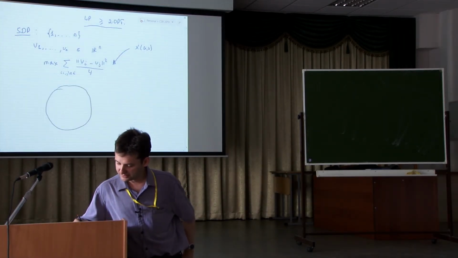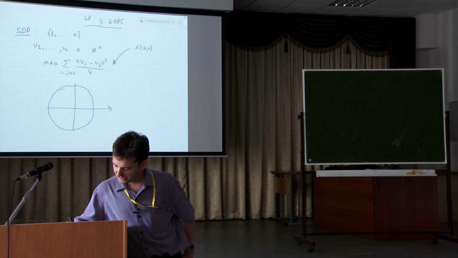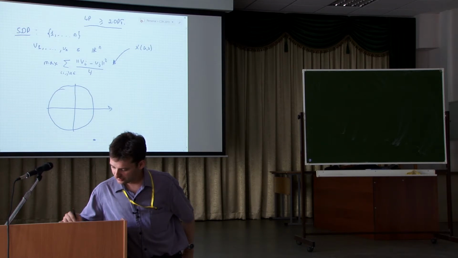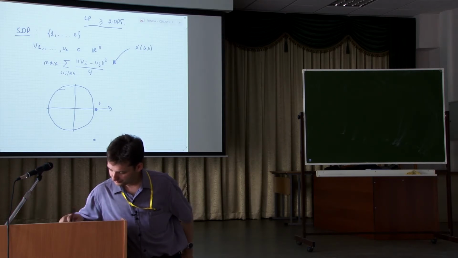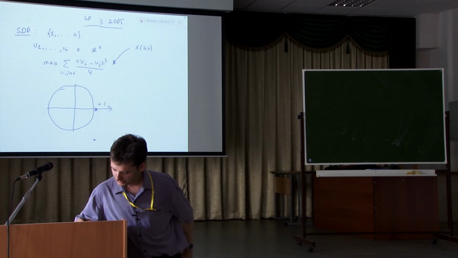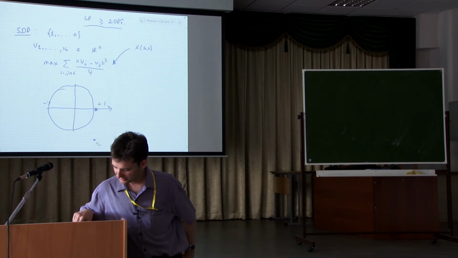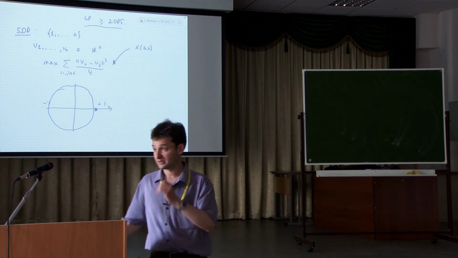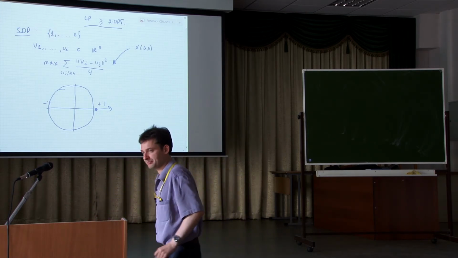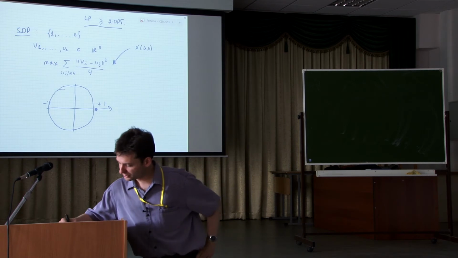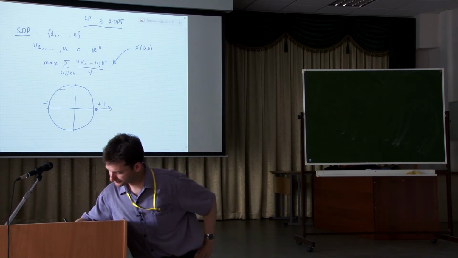We have a sphere, and we have two values, think of them as +1 and -1. Our v_i should lie on the sphere in R^n. So these vectors lie on the sphere.